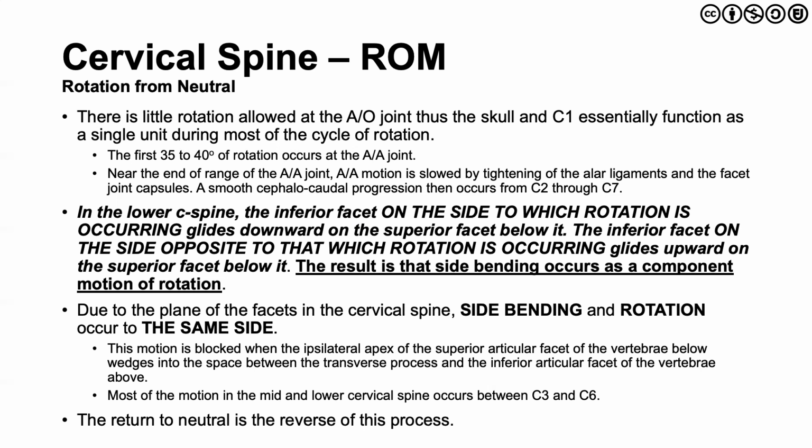And it's because of this that the result is that side bending occurs as a component motion, or as Hedges and Cook described it, as a consistently associated motion. It is this plane of the facets in the cervical spine then that result in side bending and rotation being coupled to the same side ipsilaterally. The return to neutral is the reverse of this process.